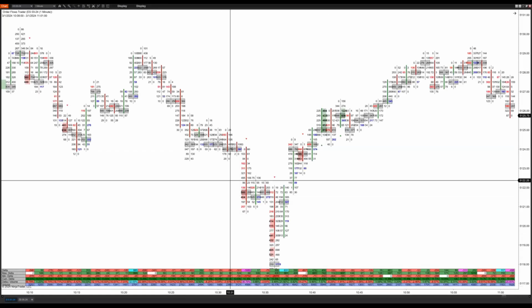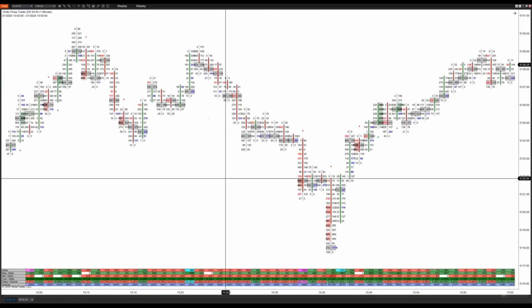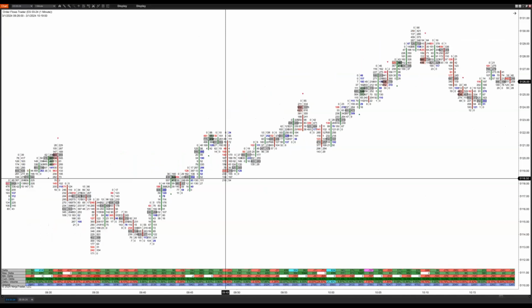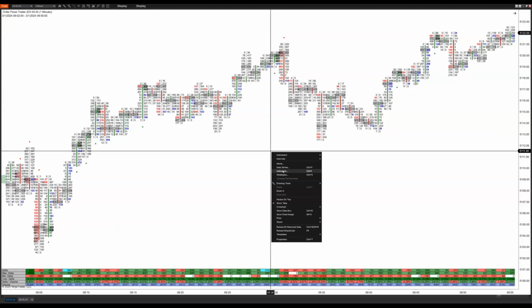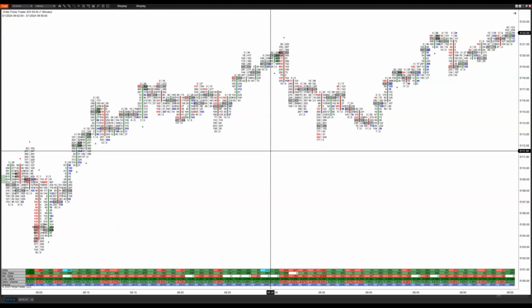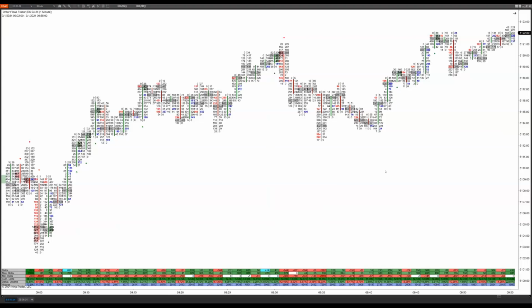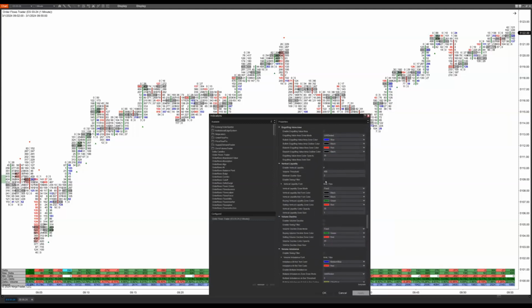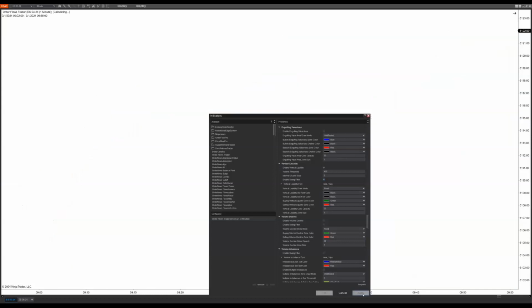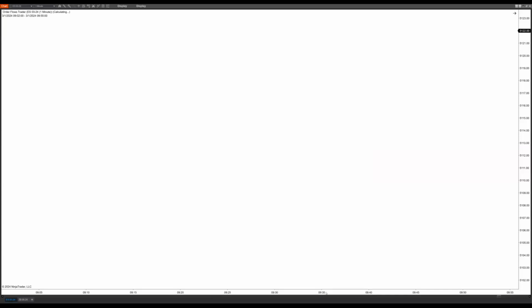So you're seeing in here, right here, there's a lot more coming in. But what you can always do, if you're going to go that route, is add the swing filter. Apply, I'll hit OK.